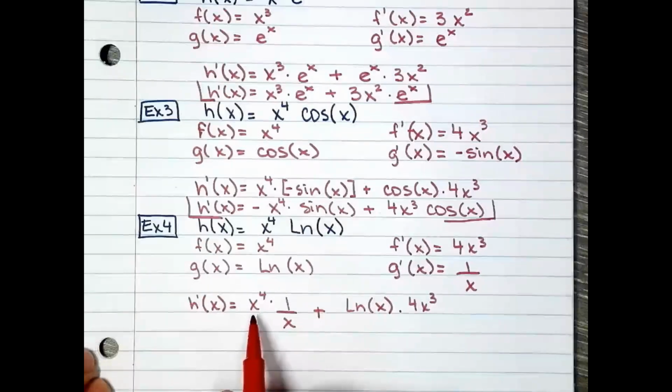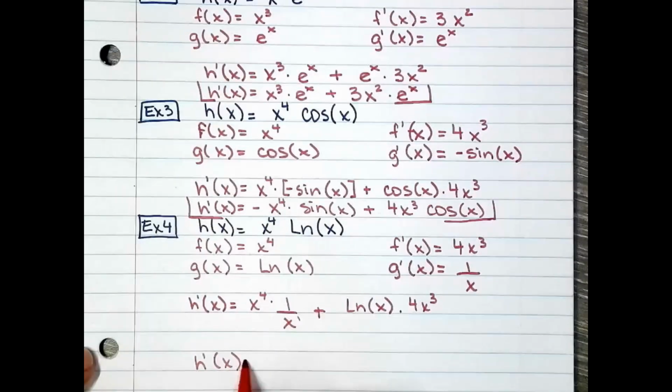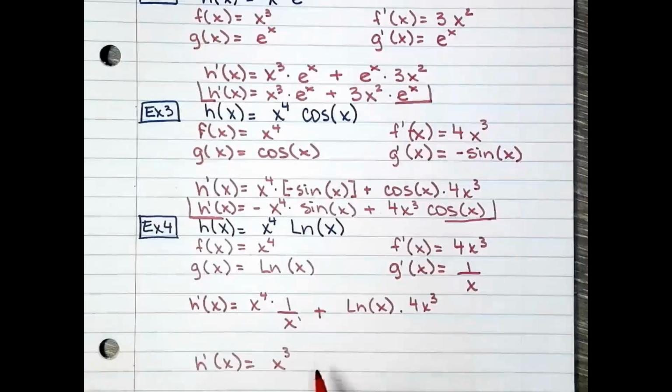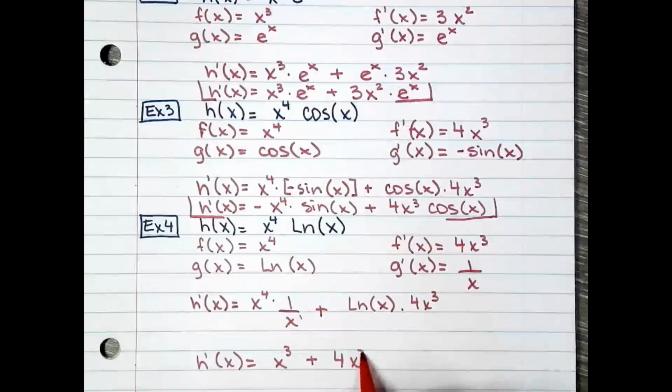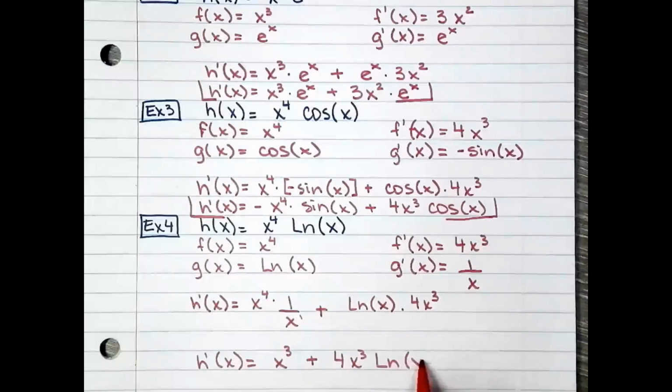So applying the laws of exponents, when I divide the same base, I subtract the exponent. So I have 4, take away 1, there's an invisible 1 right there. So that makes that x to the third power plus, I'm going to put this in the front, 4x cubed natural log of x.